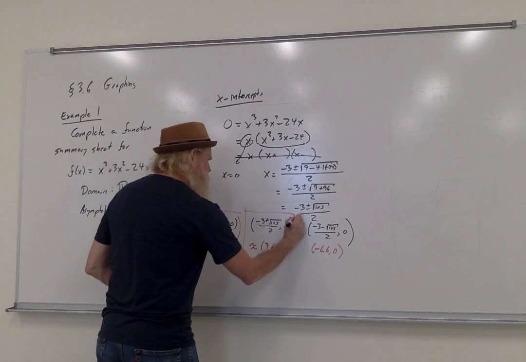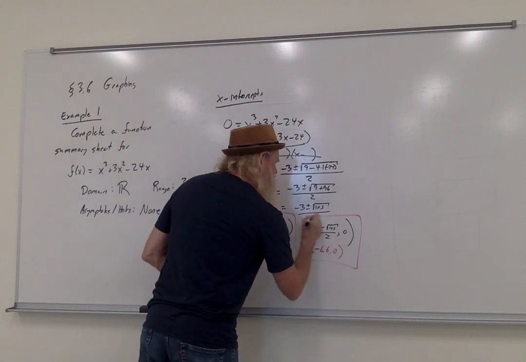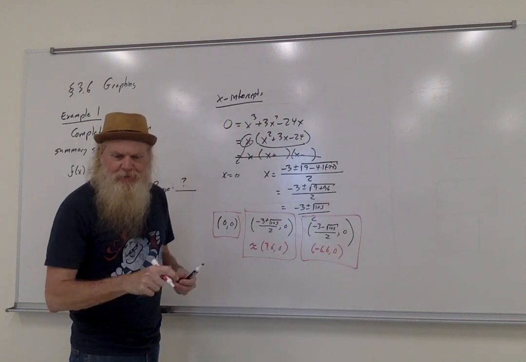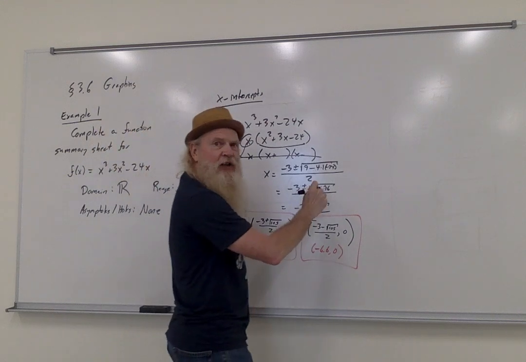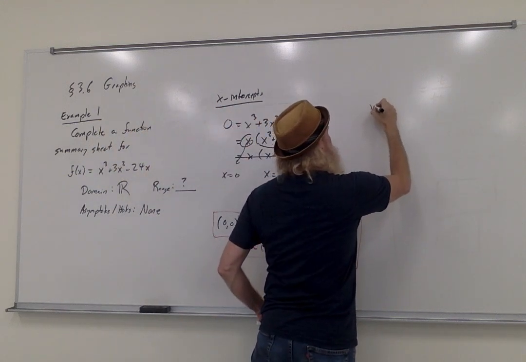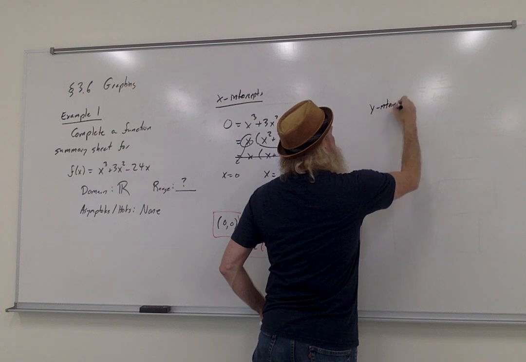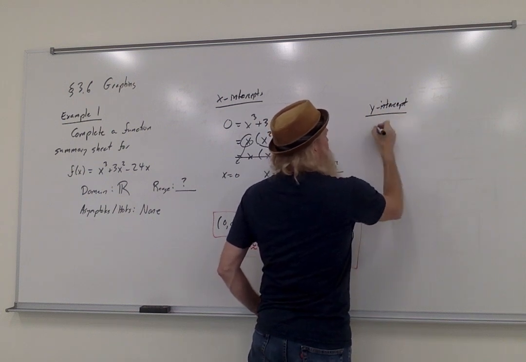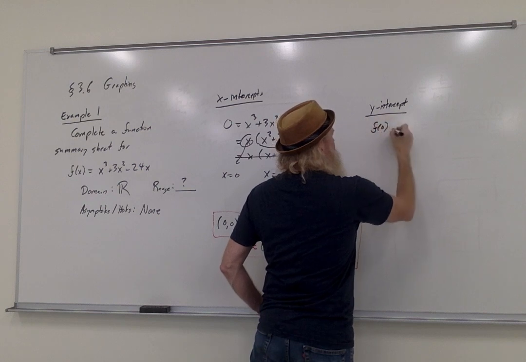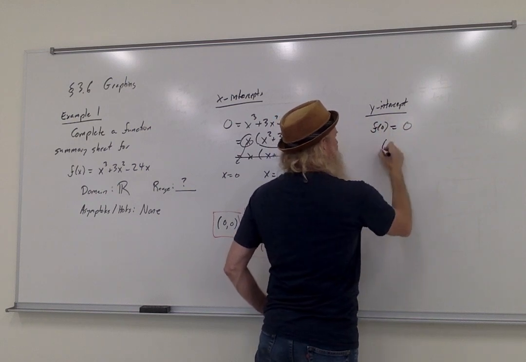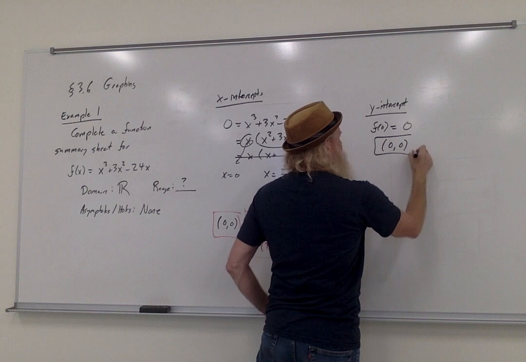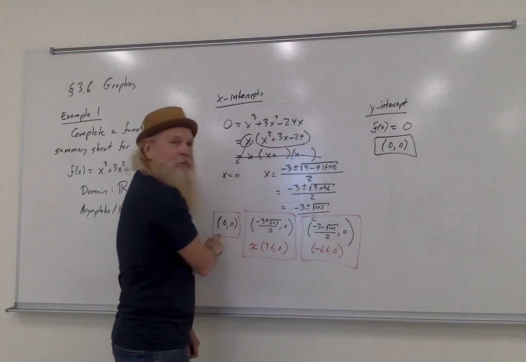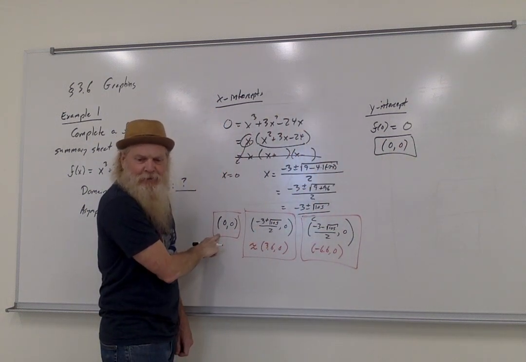So 1, 2, 3 x-intercepts. For the y-intercept, we set x equal to 0, and that equals 0. So notice that 0, 0 is both a y-intercept and an x-intercept.